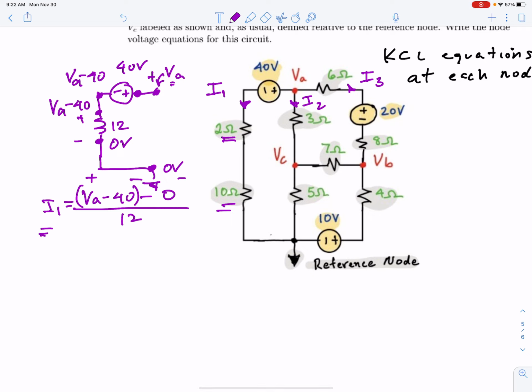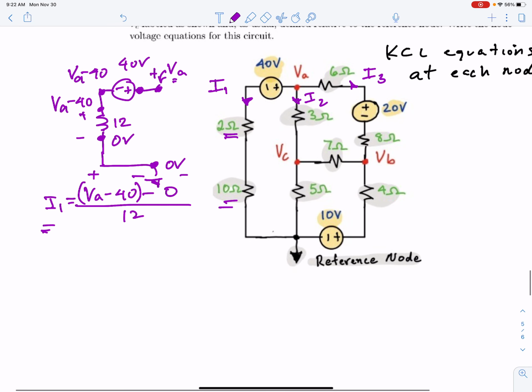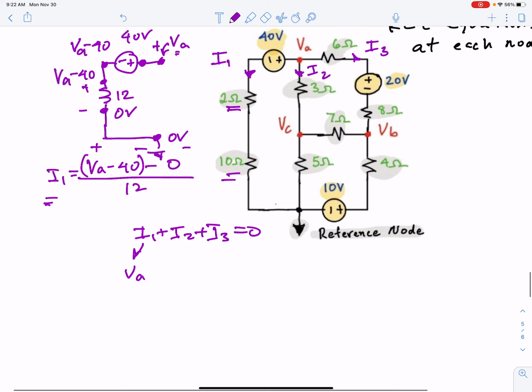This is simply Ohm's law, so I've manipulated Ohm's law to give me the current. I went into great detail on that, but what I do when I write node voltage equations is look at node VA, and without writing down I1 plus I2 plus I3 equals 0, I can just write down each of the currents by inspection. The first one is VA minus 40 divided by 12.